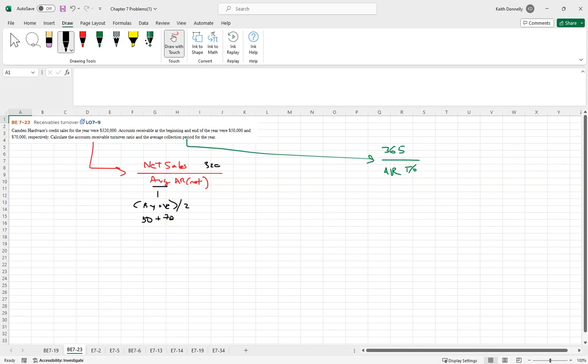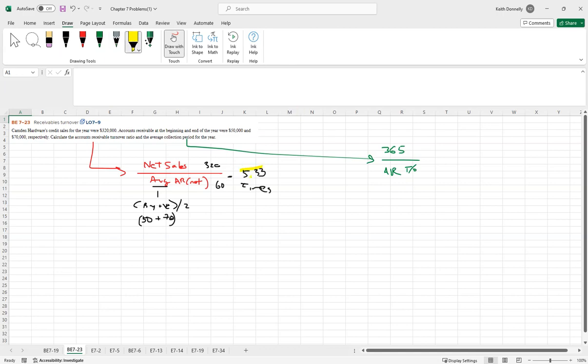So when you run the numbers, 50 plus 70 divided by 2 gets you 60. So when you do the 320 divided by the 60, we're looking at 5.33 times. When we say times, that means how many times we've collected in the period on our accounts receivable.